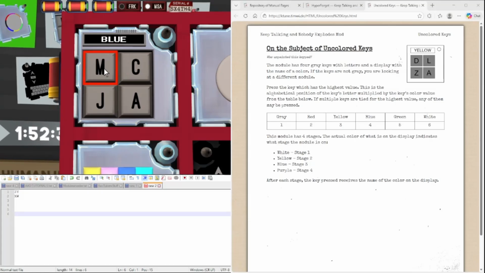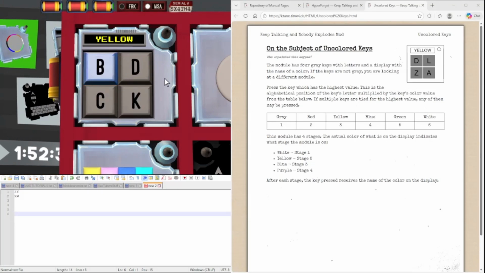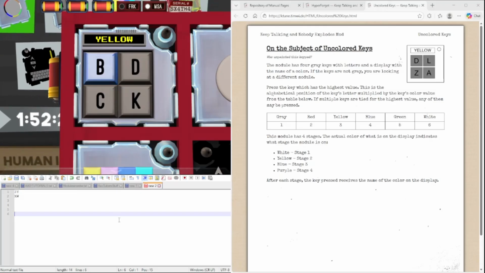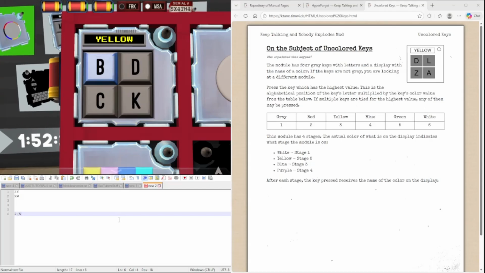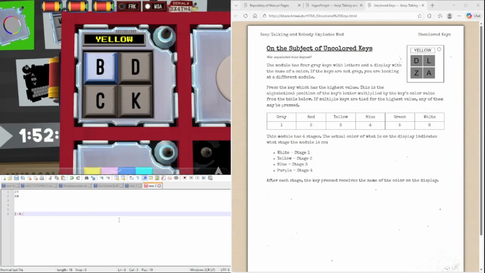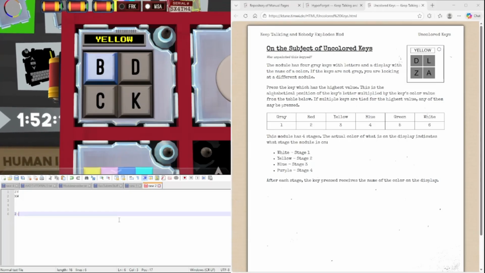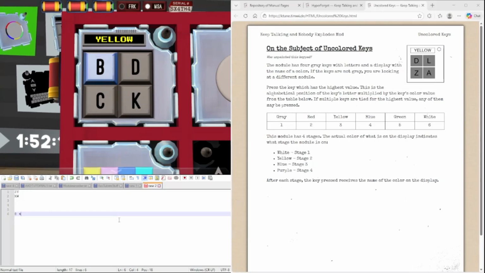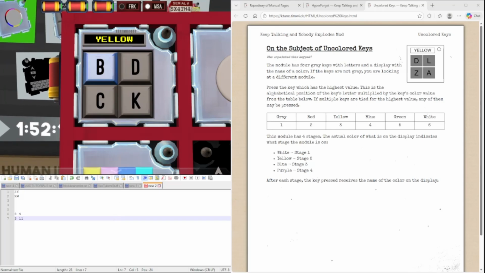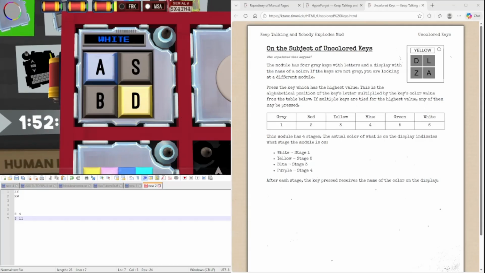So the first one is just that. Then we have 2 times 4, there's 4, which is 8. 4, 2, there's 3, 11. So that would be that one.